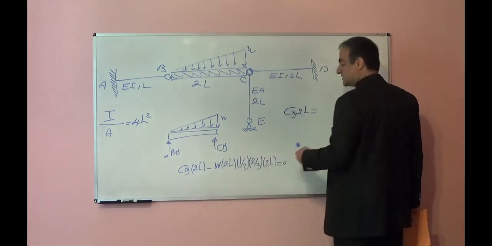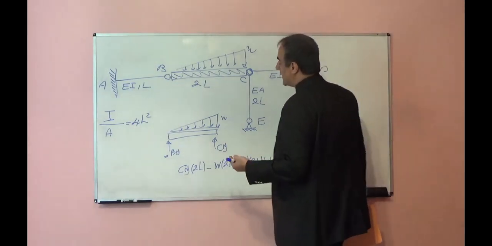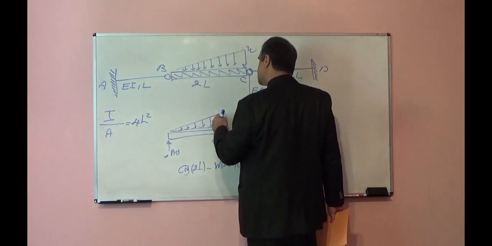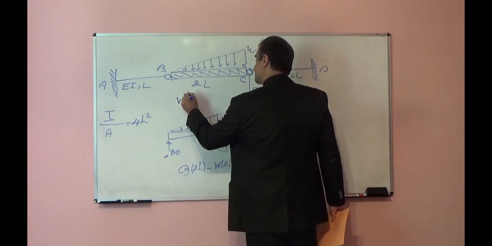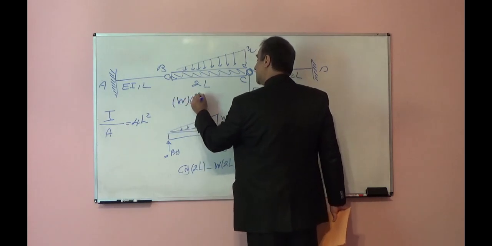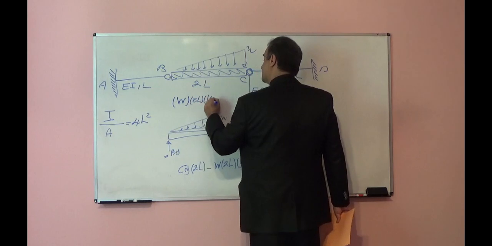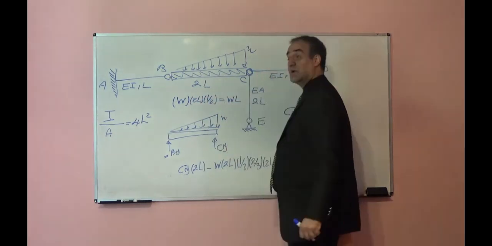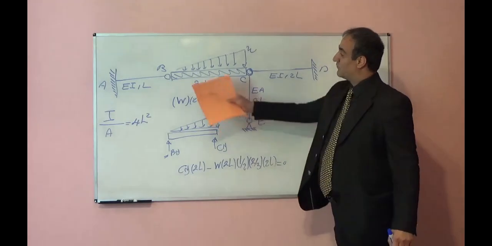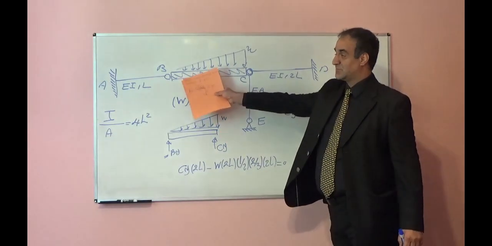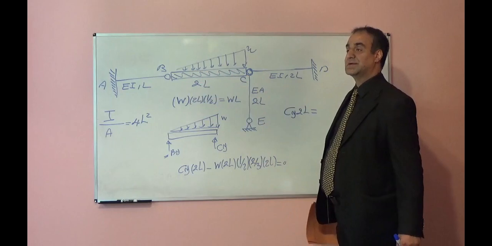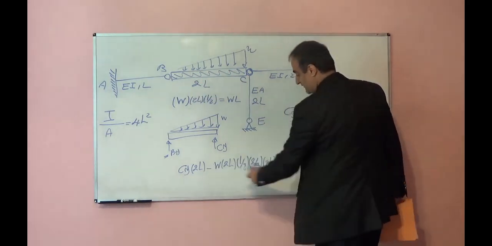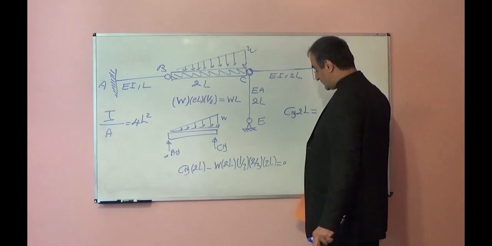You can bring it to the other side and simplify, but the entire load is the area underneath this triangle. The area underneath this triangle is W times 2L times half, which will be equal to WL. From WL, 1/3 will transfer to B, 2/3 will transfer to C. The contribution of each part you can also find using the equilibrium equation.